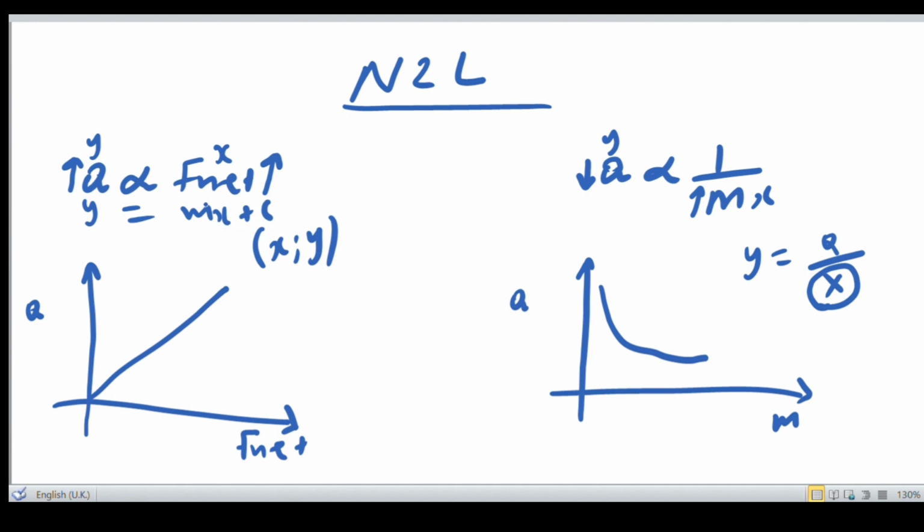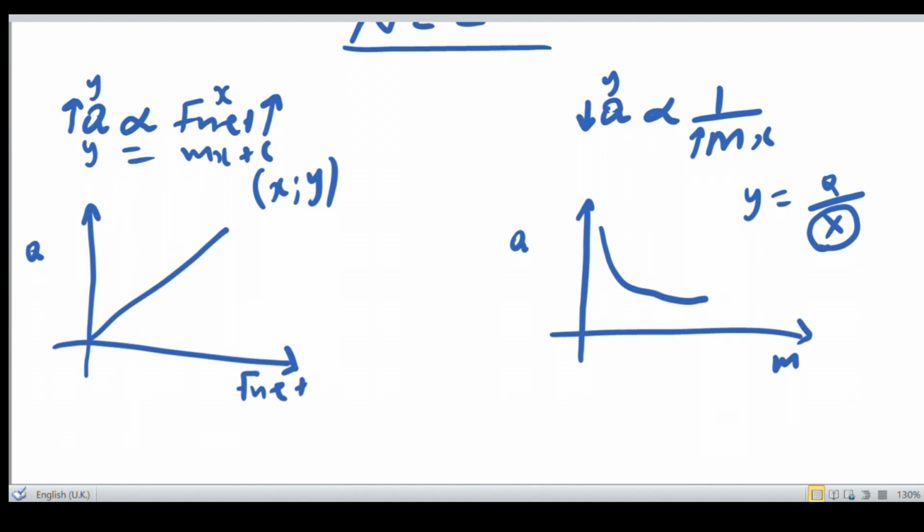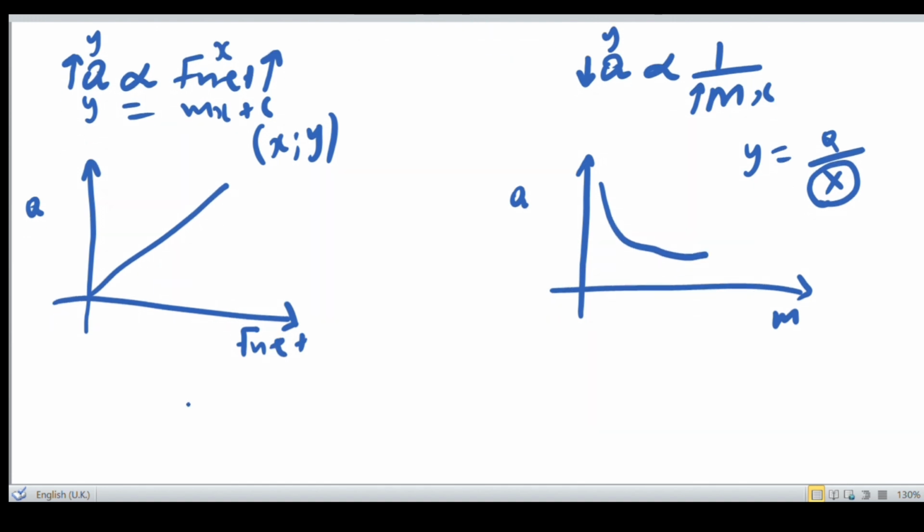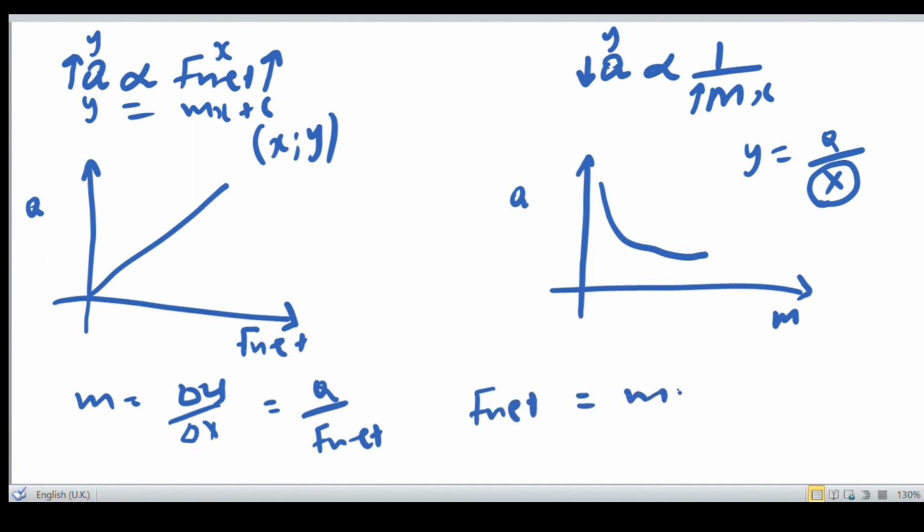Right? This is your linear function. Okay, so if you look here, you will get the gradient. The gradient is calculated by change in y over change in x. On the y-axis I have acceleration, on the x-axis I have F net. Okay, let's look at this one. F net is equal to ma.